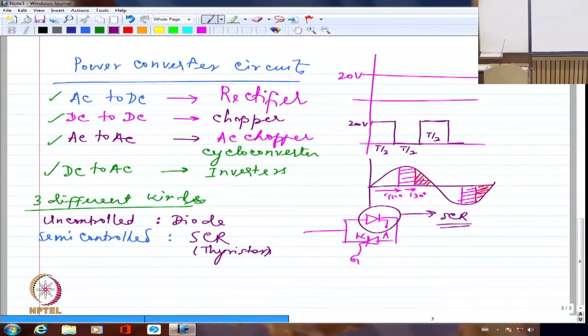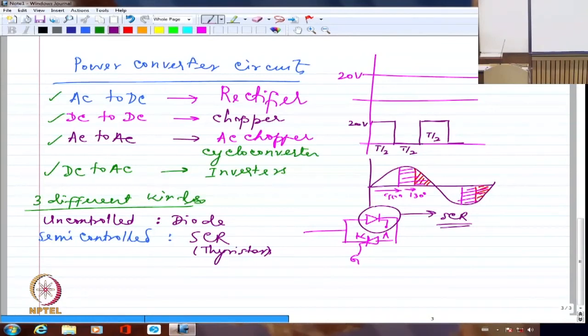And the other device, again, when you give a signal, it will start conducting when the negative half cycle comes. Because in the negative half cycle, this will be negative and this will be positive. So it is forward biased, so it will start conducting. Right? So that also goes off only when it is automatically reverse biased. So these devices are good in some applications, not in all applications, definitely.